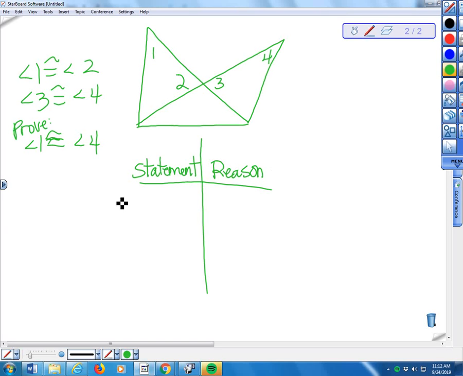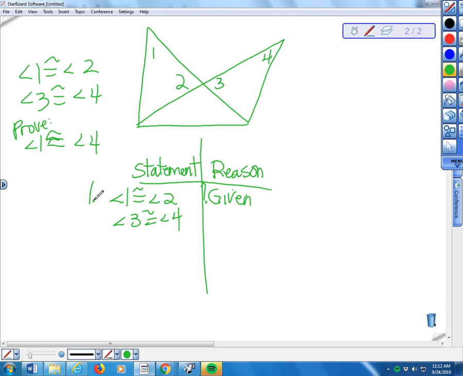Angle 1 is congruent to angle 2. Angle 3 is congruent to angle 4. Given. And sometimes it helps to put a statement number that goes with the reason number. On Big Ideas homework, you're just doing matching, but on the worksheets tomorrow, you're going to have to write these.